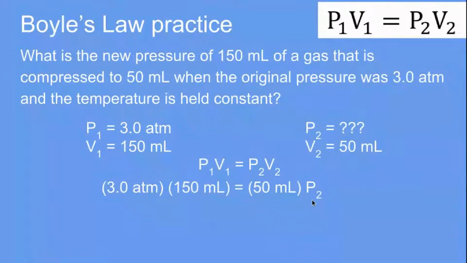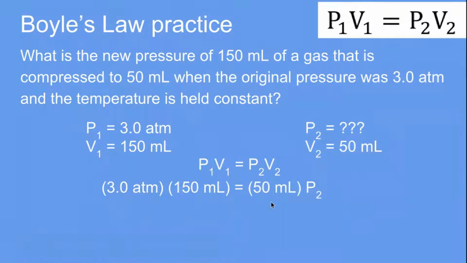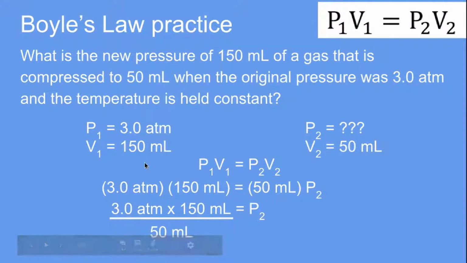Now from this, just solve mathematically. 3.0 atmospheres times 150 milliliters, and then I have 50 milliliters on the right side. If I divide both sides by 50 milliliters, that will cancel on the right side, leave my P2 all by itself, and it will stay on the left side. I can look for my matching units: milliliters on top and milliliters on the bottom.